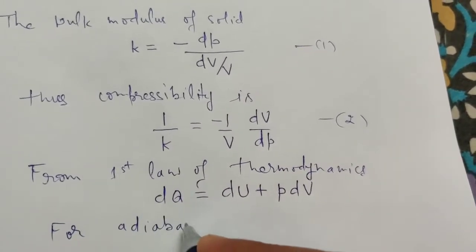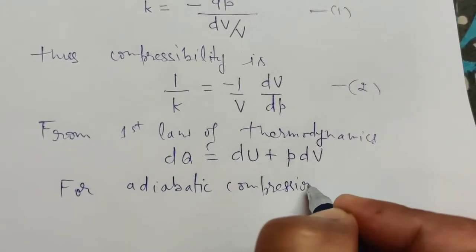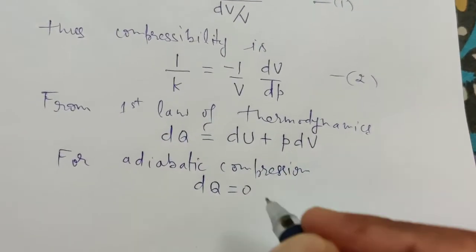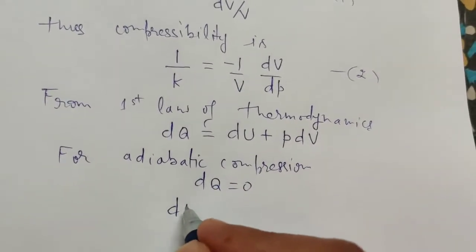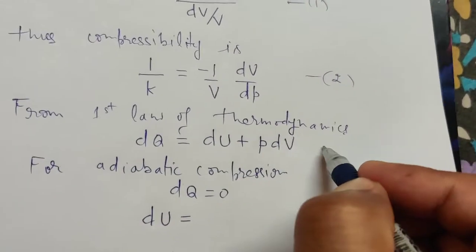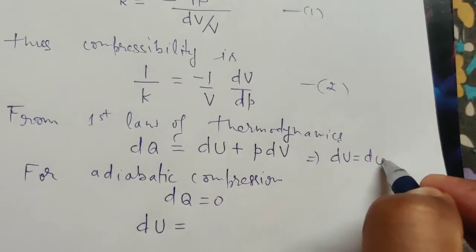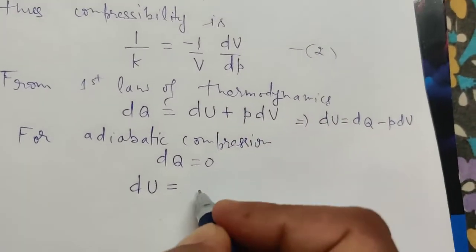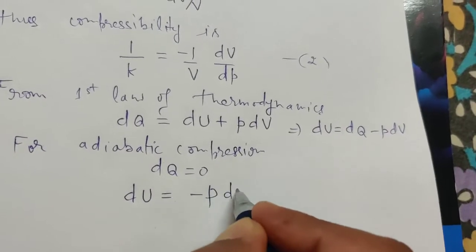For adiabatic compression the change of heat is equal to 0, meaning heat remains constant. So from this equation you can write that dU is equal to dQ minus P dV. So the change in internal energy is given by 0 minus P dV.